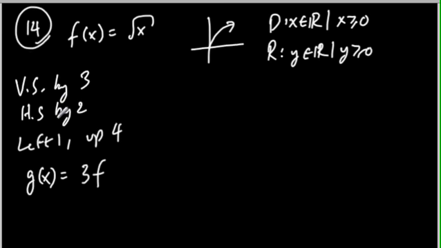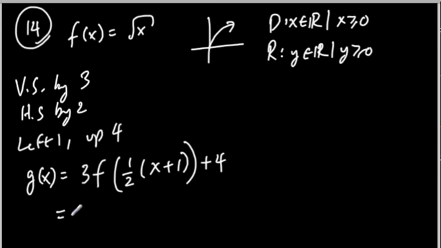There's no reflection, so we're fine. Since it's a horizontal stretch by 2, that just means it's a half. It says left 1, so it's x plus 1, and up 4, so it's plus 4. So that would look like 3 square root of (half x plus 1) plus 4.